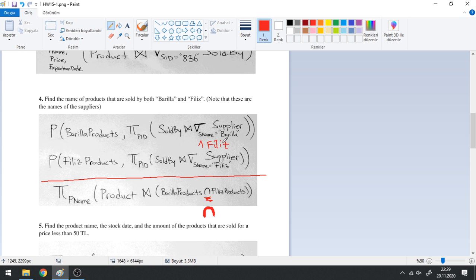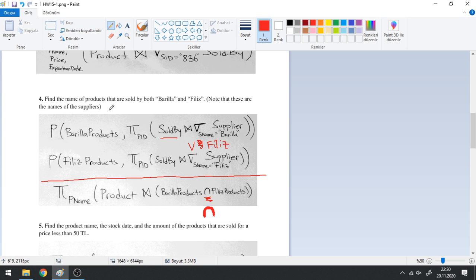Some people are selecting from supplier, where S name is Barilla and Phyllis. And some people are also using the OR sign, and they are joining with the sold by table, and then they are also joining with the product table and getting the P name.